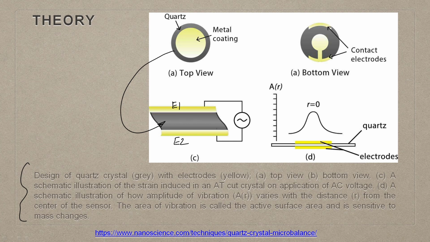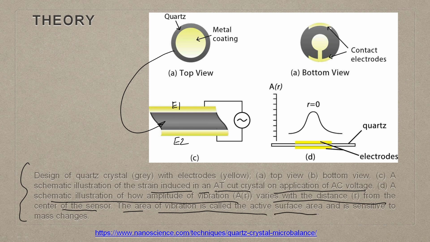The schematic illustrates the strain induced in an AT-cut crystal by application of AC voltage, as you could see, and a schematic illustration of how the amplitude of vibration varies with the distance from the center of the sensor. The area of vibration is called the active surface area and is sensitive to mass change.